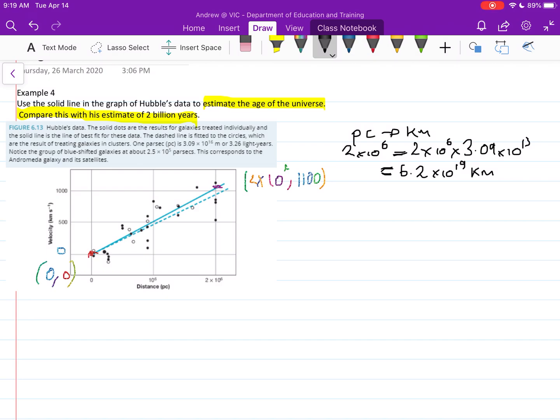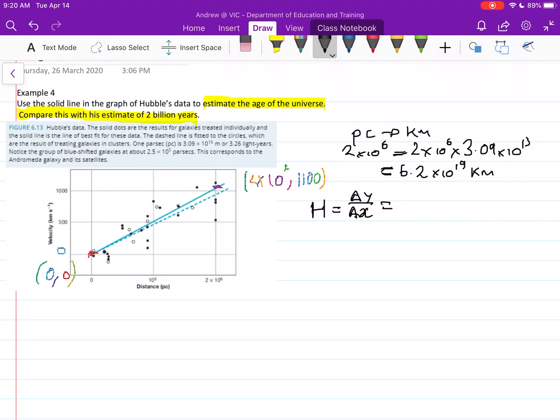So now we need to figure out Hubble's constant. Okay, and Hubble's constant, this is the gradient of the graph. So remember, gradient of the graph is the change in y over the change in x. Okay, just remember that's what that little symbol there means, change.